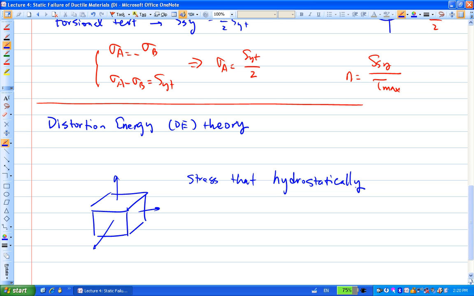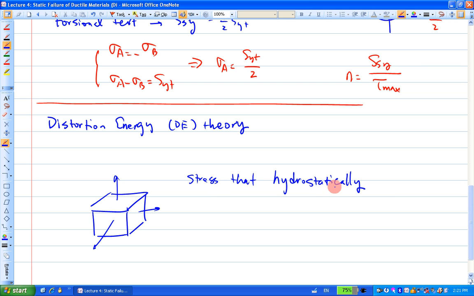So every side can feel, let's say, 3 megapascal of pressure or stress. That's what we call hydrostatically. And non-hydrostatically essentially means each side feels different.